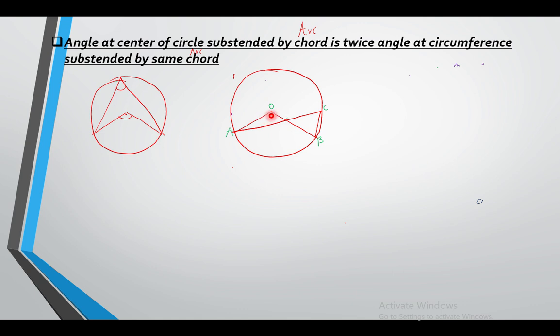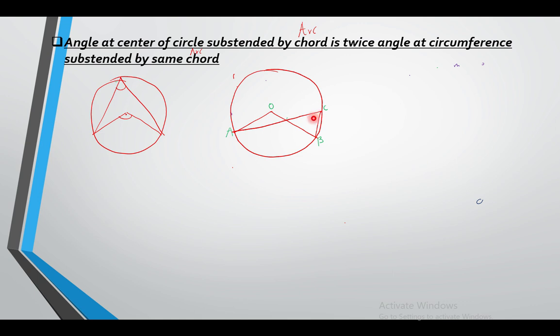Why? Because angle O is subtended by the line which comes from A and another line which comes from B, and angle C is still subtended by the arc AB. The line that forms angle C, this line comes from A and this line comes from B. So the angle at the center, O, is subtended by arc AB, and the angle at the circumference C is still subtended by the arc AB.